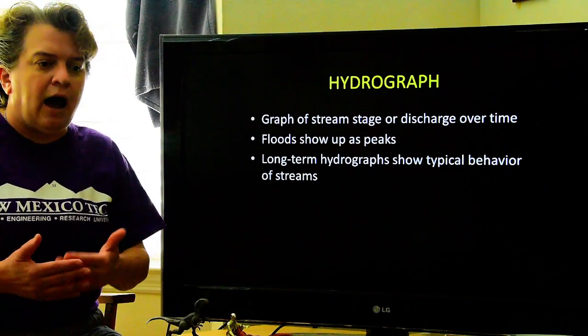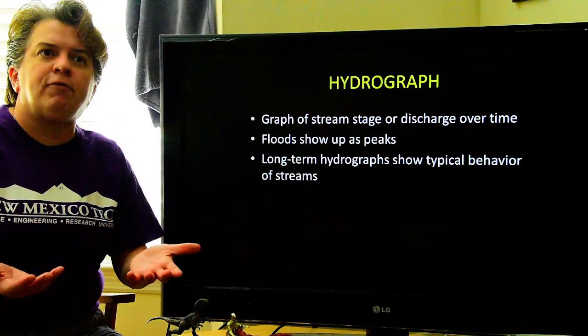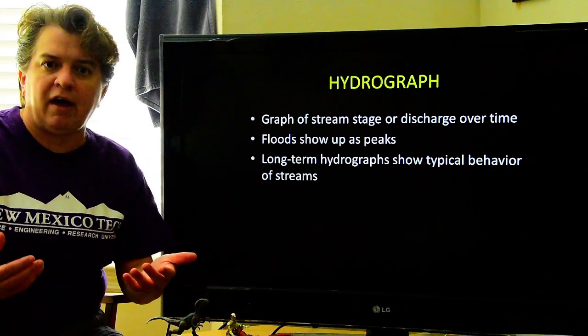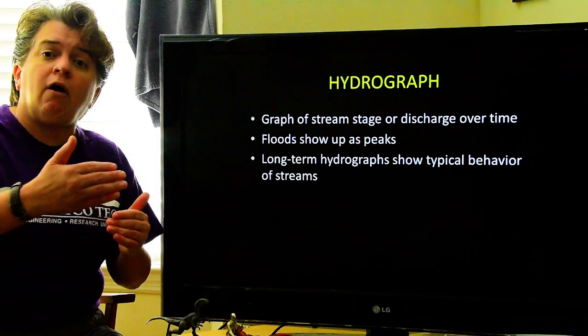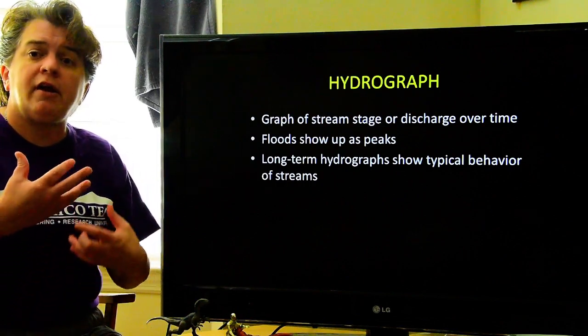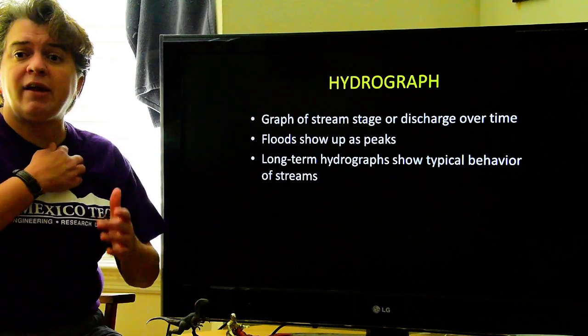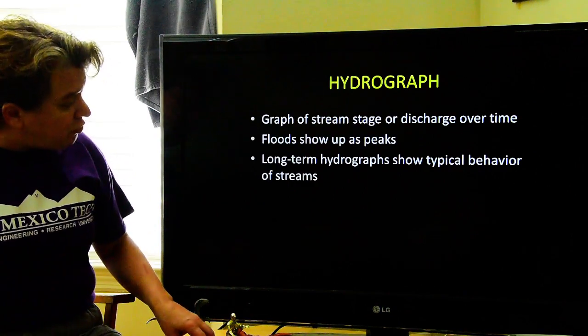We can see how bad floods usually are, right? In a typical flood, how high does the water rise? How often do the floods happen? Do they happen at a certain time of year? So if we have this long-term hydrograph, we can start seeing what the normal behavior of the stream is like, so we can get an understanding of what to expect in the future.